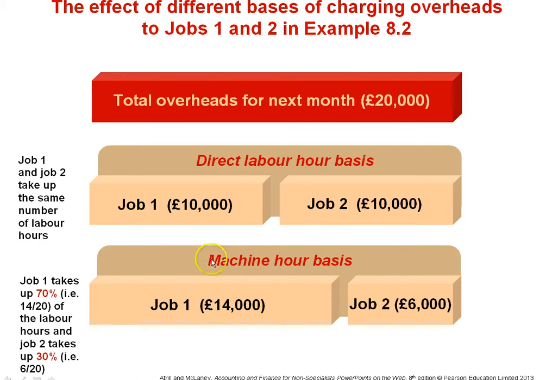If we charge out on a machine hour basis, however, it turns out that job 1 takes up 70%, in other words 14,000 of the 20 goes to job 1 and only 6,000 of the 30% goes to job 2. So a very different allocation if we choose machine hours, because job 1 takes up many more machine hours compared to charging out on direct labour hours, where they're more or less equal.